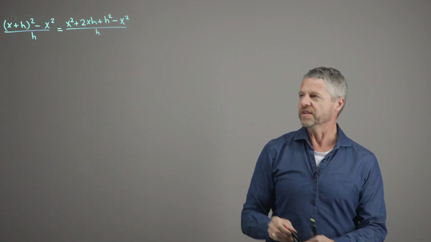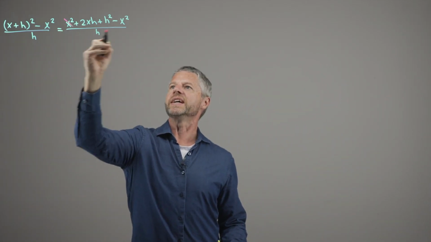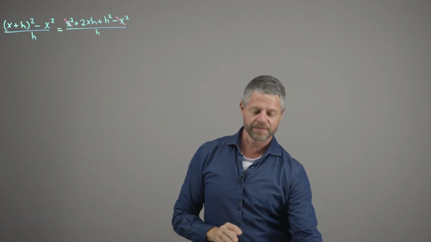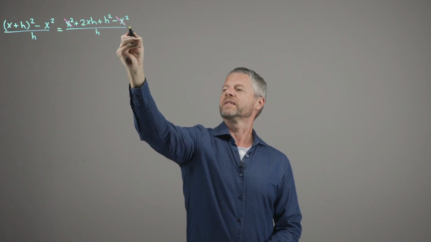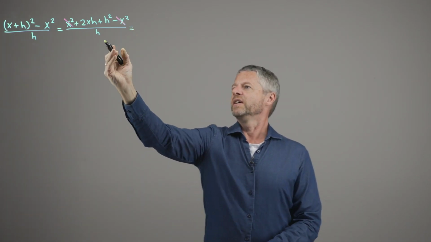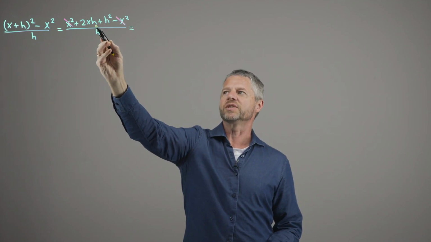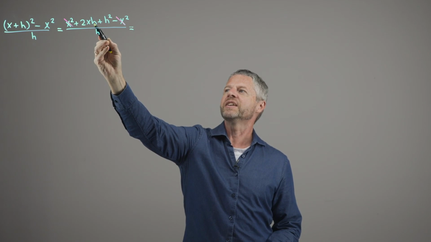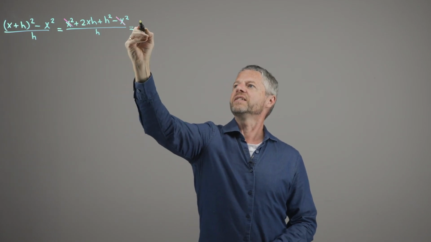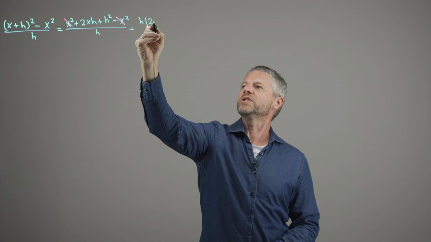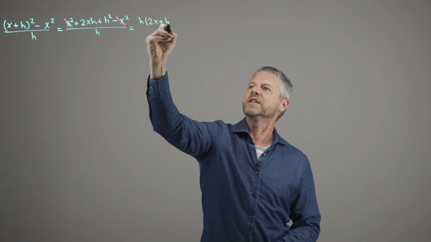One thing I notice is I've got an x squared there and a minus x squared there. The other thing I notice is what's left, I've got a common factor of h in the numerator. So I've got h times (2x plus h).